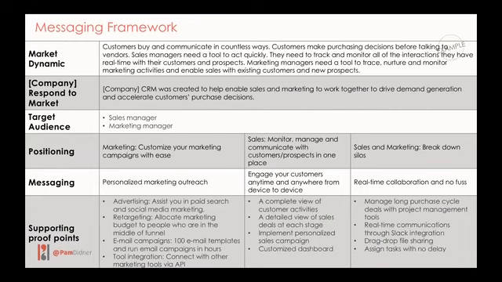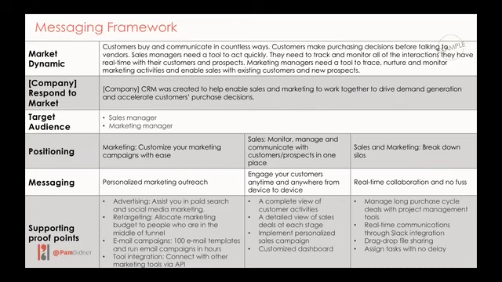The way I put together a messaging framework in order to support sales, and also showcase you, the marketer, as a strategic thinker, is that it starts from market dynamics. Is it possible for you to articulate why and how your product and services fit into the overall competitive landscape? How does that fit into the market? Why does the customer want to buy, right? And because you understand the market dynamics, it shows that you are strategic.